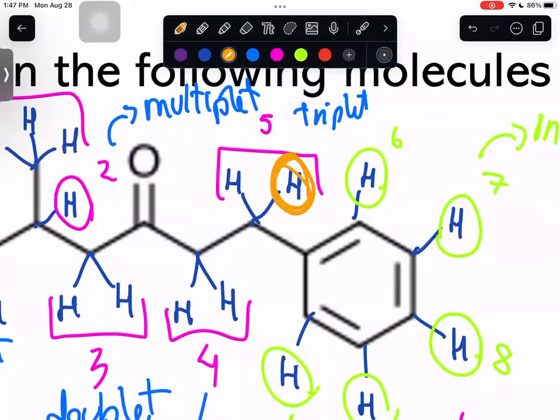This hydrogen: 1 bond away, I touch a carbon. 2 bonds away, I touch another carbon. 3 bonds away, either if I go up or down, I still touch carbon, so no neighbors to the right. You only touch the hydrogens once you go 4 bonds away, which is breaking the rule. So that's why. Got it. No problem. Questions?